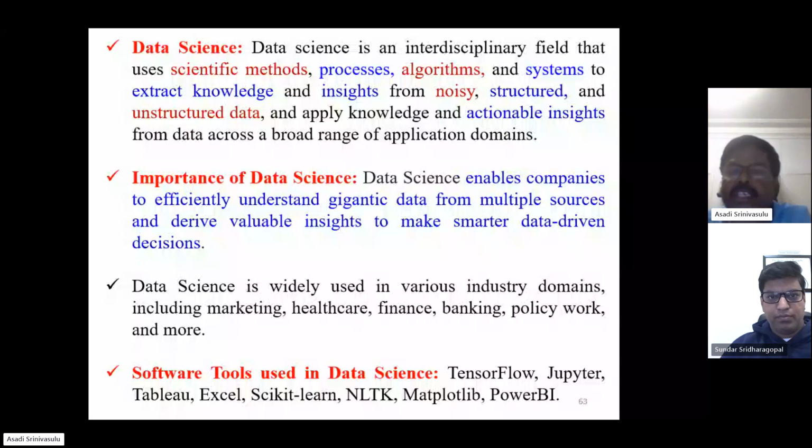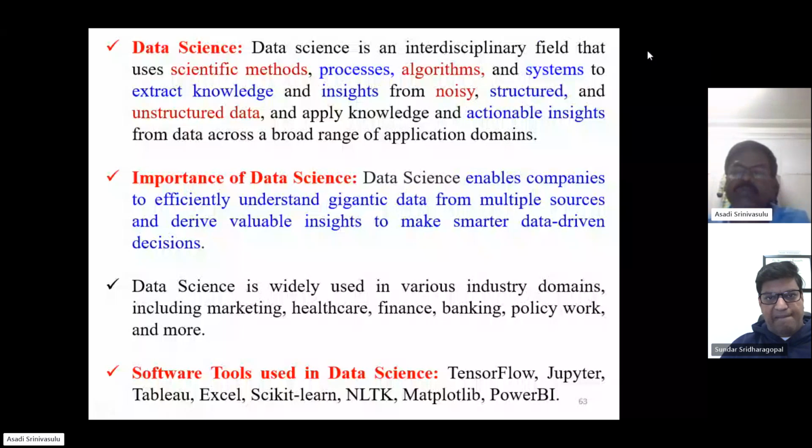Why is data science important? It enables companies to efficiently understand a very huge volume of data, a gigantic amount of data from multiple sources, and derive valuable insights to make smarter, data-driven decisions.